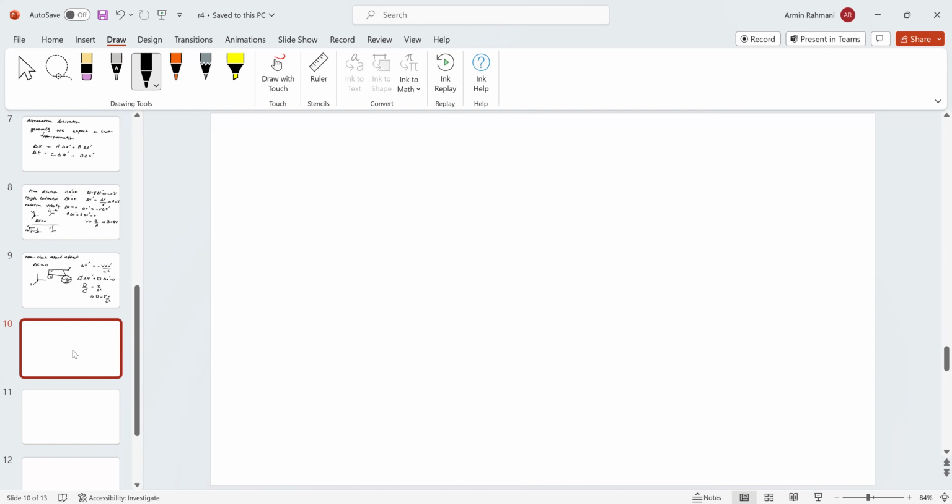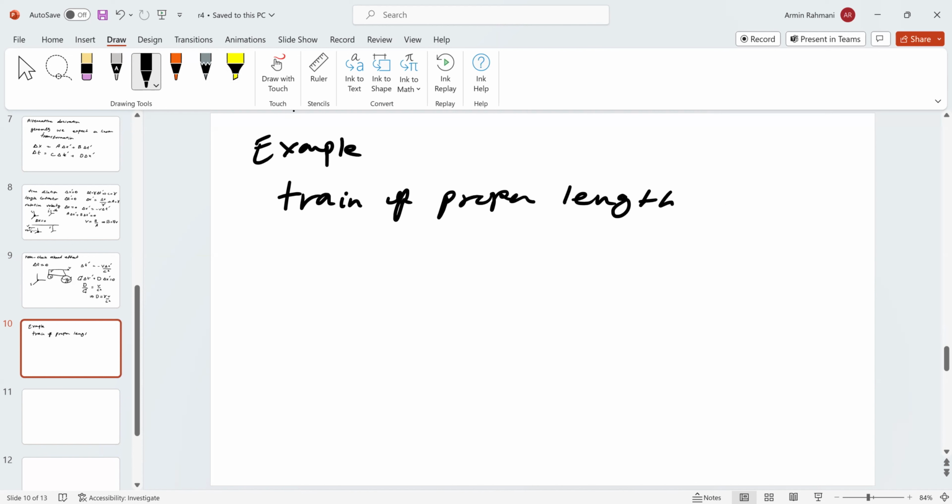So this says, we have a train of proper length L moving with speed, let's say, 5c/13, so a really, really fast train, with respect to the ground.